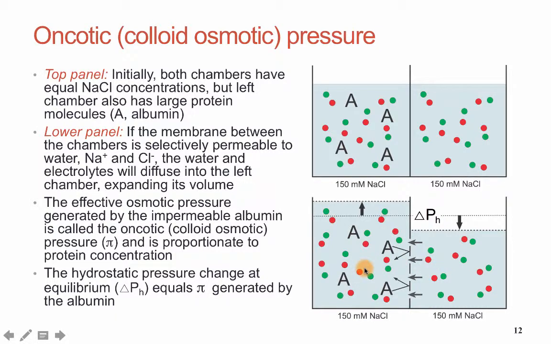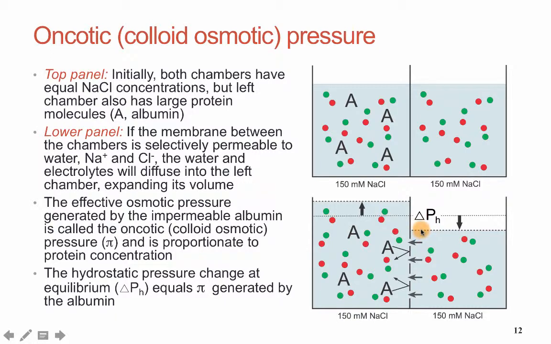As fluid and electrolytes move from this chamber into this chamber, the fluid level will rise. And pretty soon we're going to have a difference in the hydrostatic pressure level between these two reservoirs. And if we were to continue this experiment, an equilibrium would be achieved where this level would no longer increase and this level would no longer decrease.